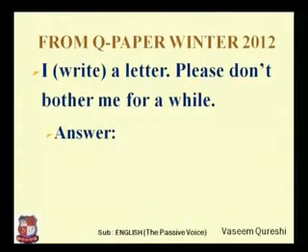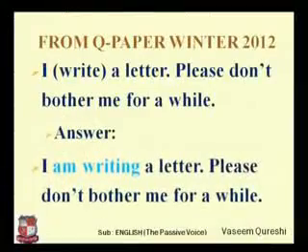Before "write," "I" is written, and that's why it is the subject, so it is in active voice style. So with present continuous tense in active voice style, we can write the answer, and the answer is "I am writing a letter." That means I am writing at the moment, so please don't bother me for a while.